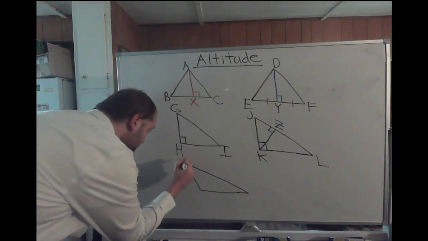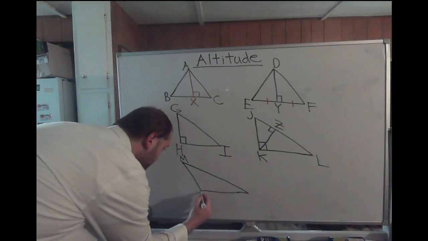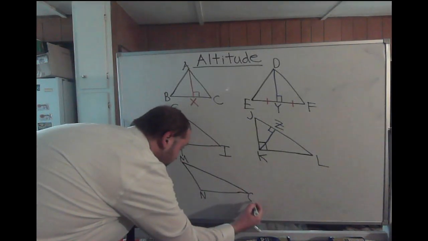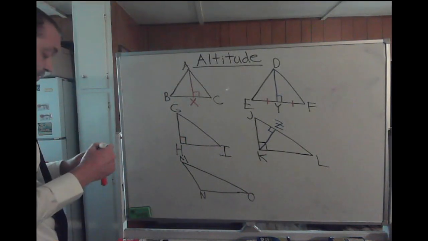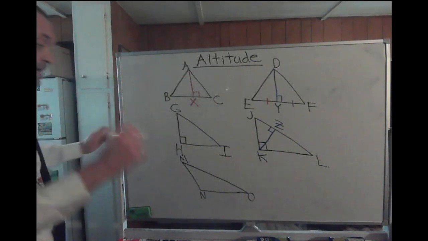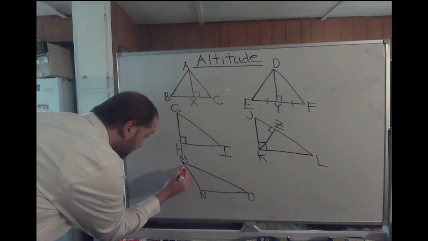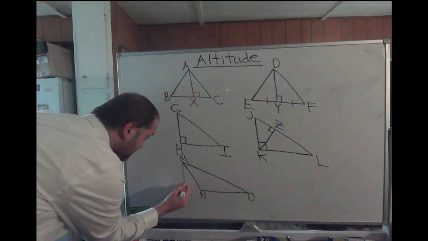We'll call this here up north the top point, point M. This will be N. This will be O. Now, in an obtuse triangle, the altitude in 2 of 3 cases is an auxiliary line.